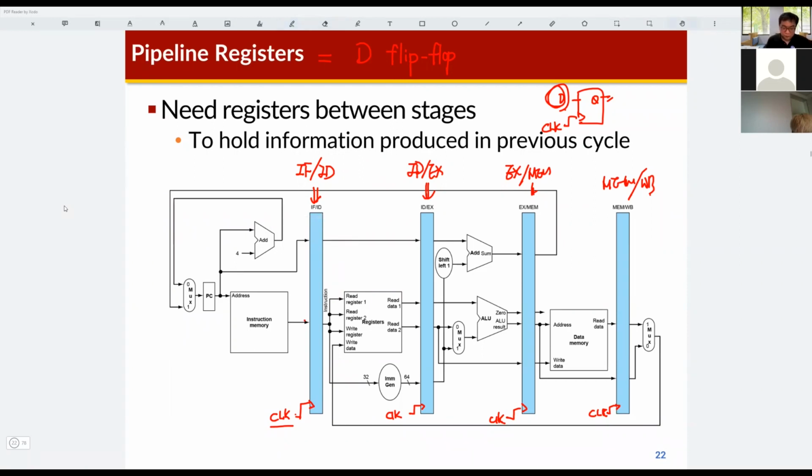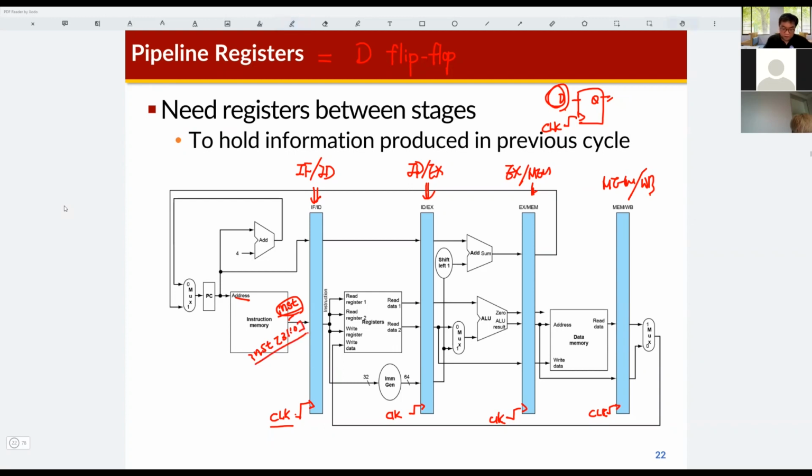Let's see this. This is the instruction memory. The instruction memory receives an address from the PC, the program counter. Then what is generated? This is the instruction, and the width of this instruction is inst 31 down to 0.